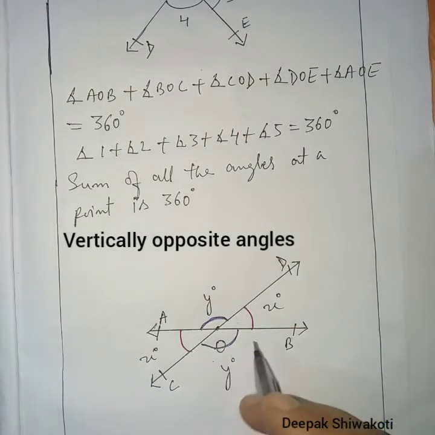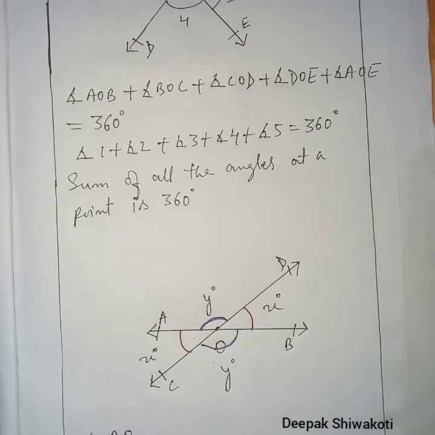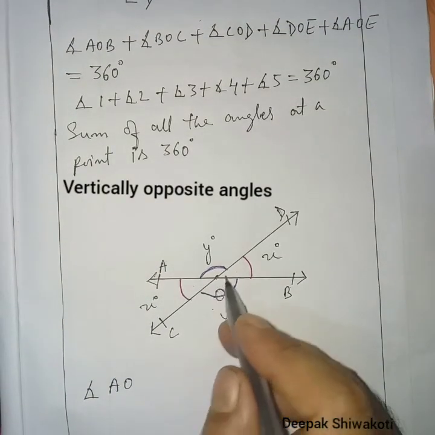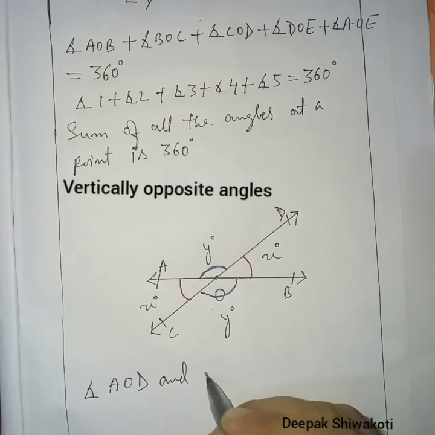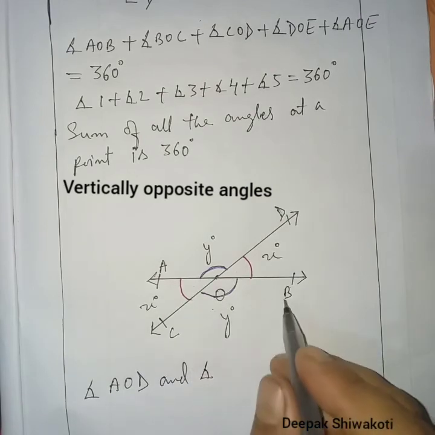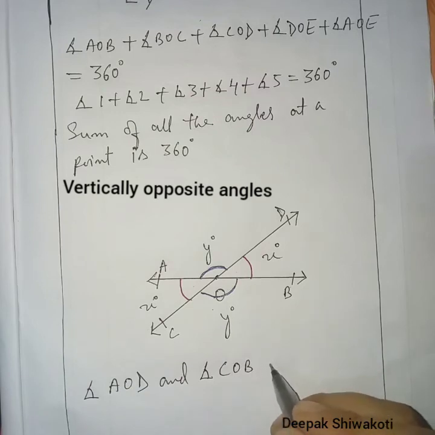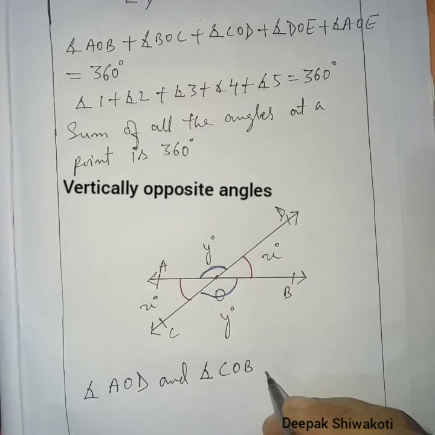So these two angles, angle AOD and angle COB, are opposite to each other, and they are vertically opposite to each other.